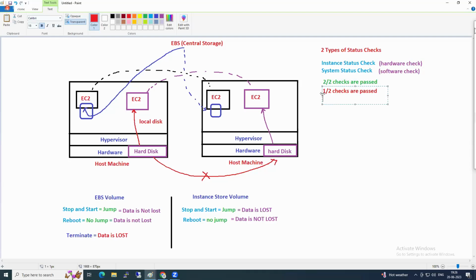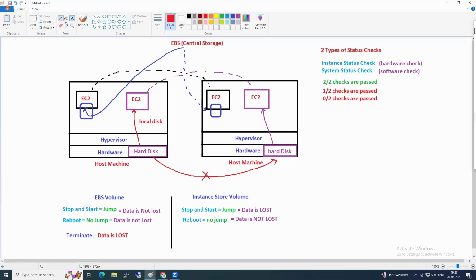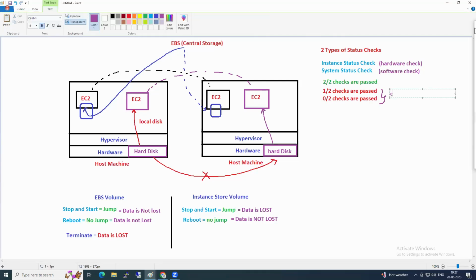No. If 0/2 checks are passed, are you able to log in? No, you cannot log in. Both checks should be passed; otherwise you cannot log into the EC2 instance.